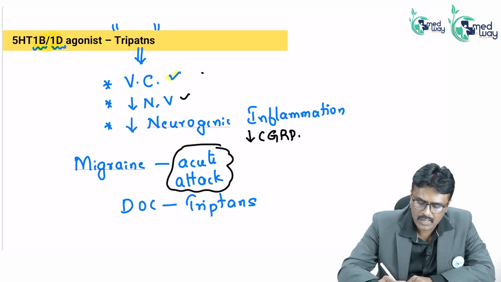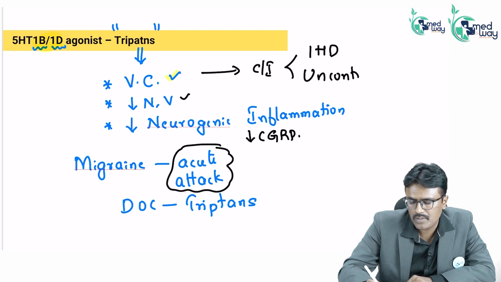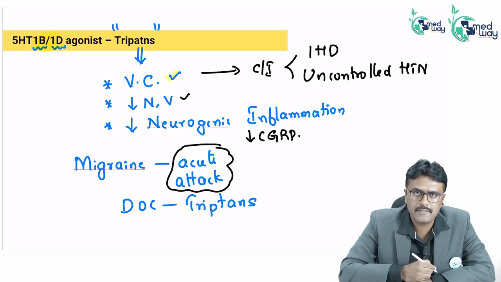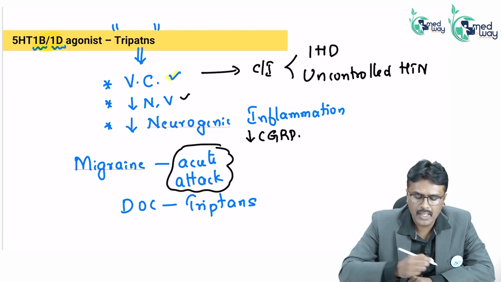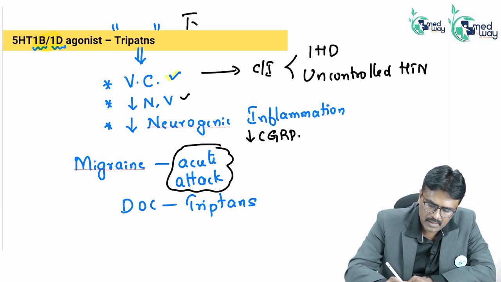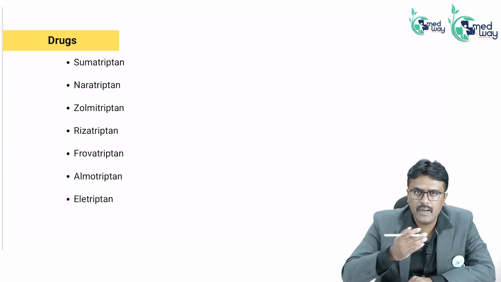Now, since they cause vasoconstriction, they should not be used if a patient is having ischemic heart disease or if the BP is not controlled. So uncontrolled hypertension, ischemic heart disease, these drugs should be avoided because of the vasoconstriction property. Once I know the triptans, let us see what drugs we have. There are plenty of drugs.